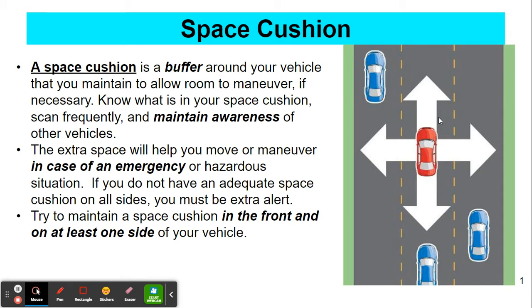I'm also looking for cars that are cutting into my lane or moving out of my lane because that's going to affect my space cushion, and cars stopping or accelerating. Okay. That's just an example of when you need to be extremely cautious, right? And I'll even put that extra alert.